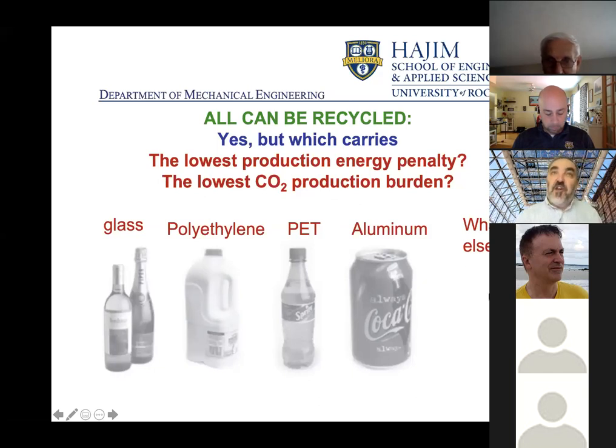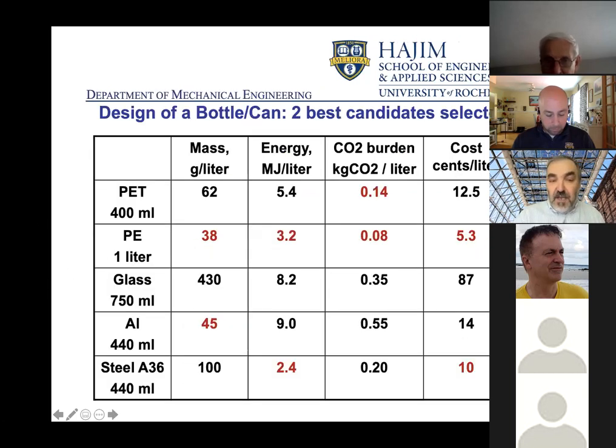Now, of course, in engineering, we need to be very open-minded. So I can use glass, I can use PE, polyethylene, I can use PET, aluminum, I can use something else. Nothing tells me that I can limit my attention only to these materials. And I have listed here different possibilities.